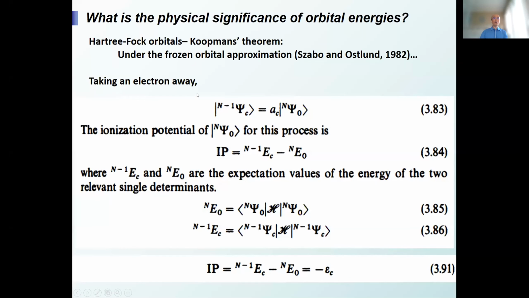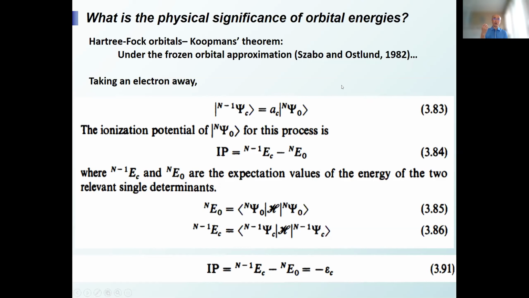Hartree-Fock theory has the Koopmans theorem, when you freeze all your orbitals. This is a picture from the very good book by Szabo and Ostlund.